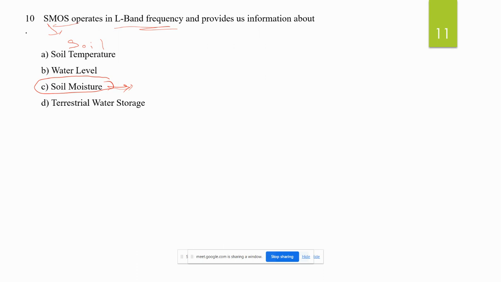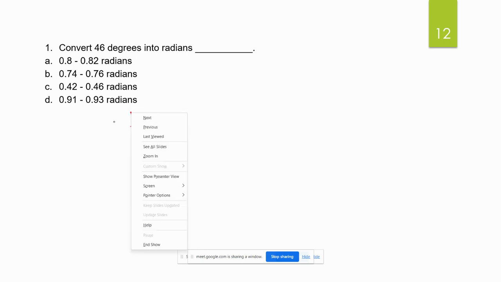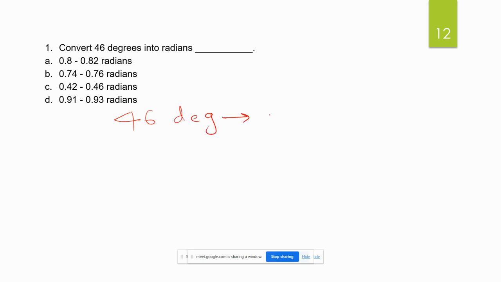Now I will solve some other questions based on week 1, but those are not your assignments. The other question is, convert 46 degrees to radians. Take 2 minutes and solve this question, then I will solve it.